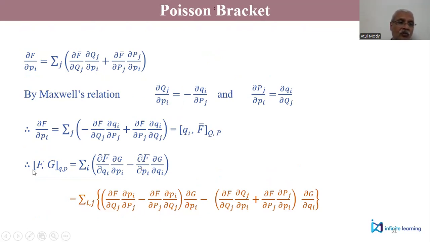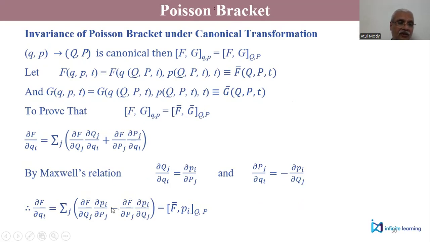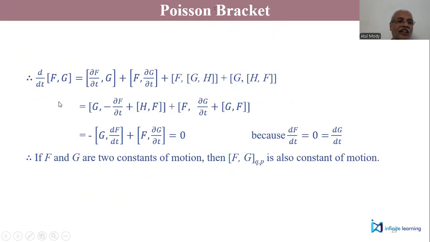All right. So if you do the f and g Poisson bracket, then you can transform the terms using Maxwell's relations. Of course, dou g by dou p and dou g by dou q are yet to be translated, but dou f by dou q and dou f by dou p, we have already found these two terms. I'll just check. Yes. With respect to q, there is a negative sign.